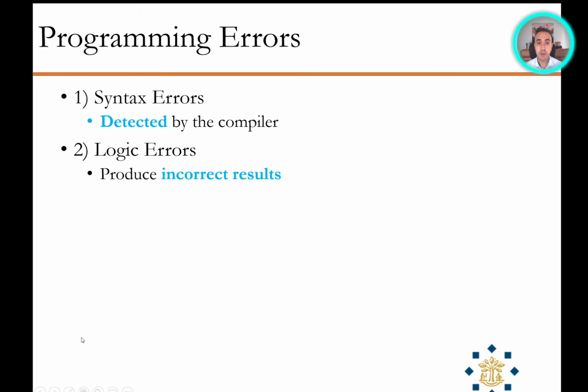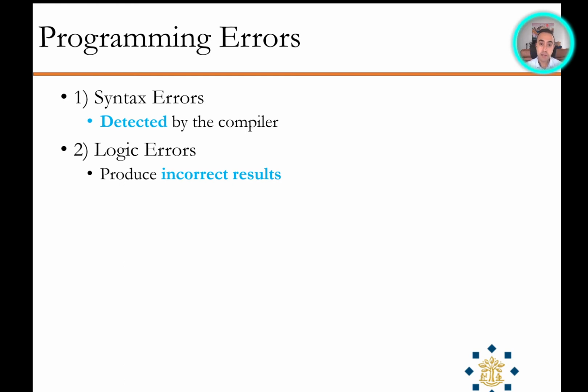And then we learned programming errors. In particular, there are two programming errors. One is a syntax error. A syntax error is detected by the compiler, so you know where the error is. In our particular example, Jupyter Lab tells you, okay, you made an error in this line. Line 8, there is an error.